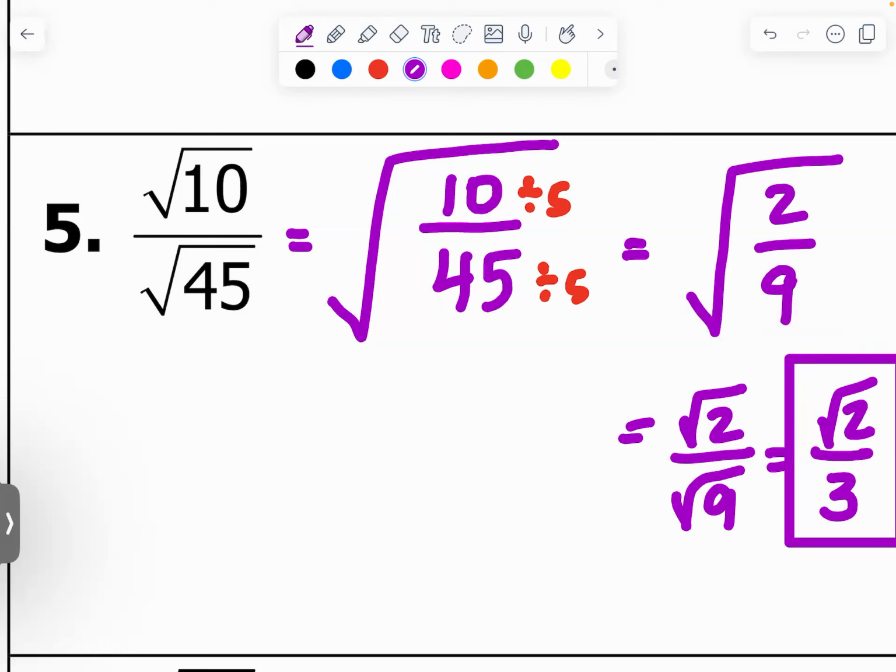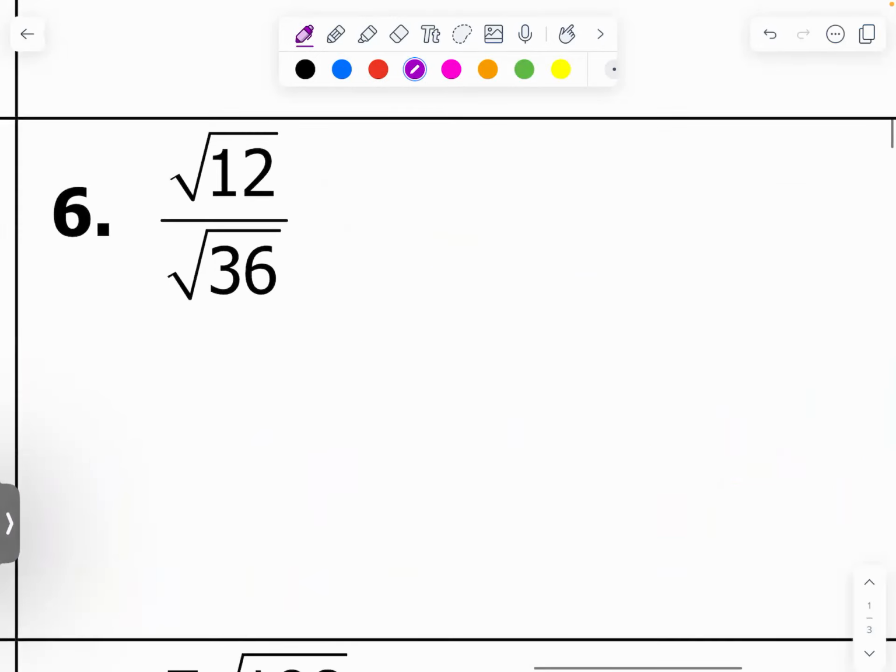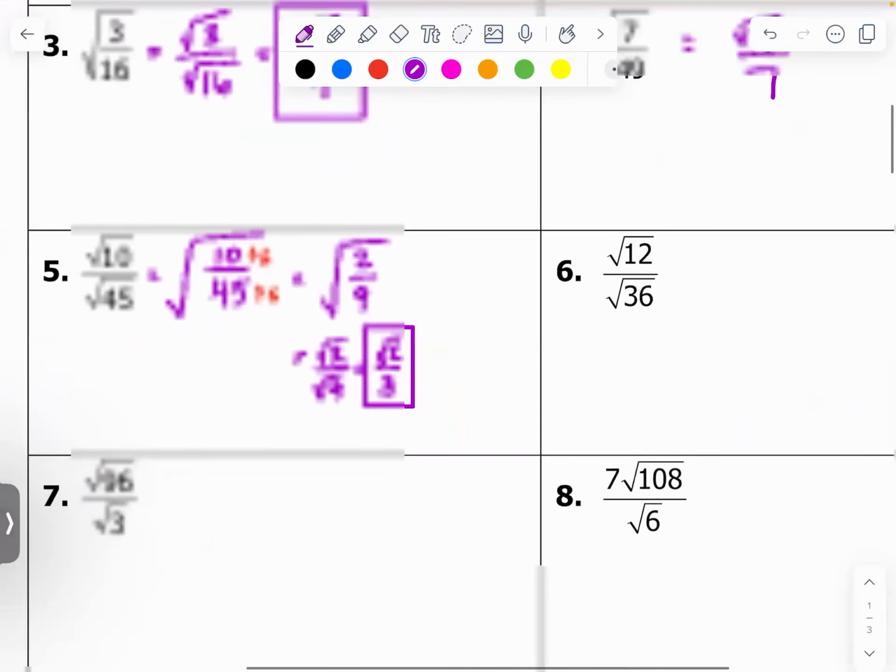If it's to your advantage, yeah. Now, this is going to be the advantage of everybody. I disagree, because look at number 6. I don't think it would be an advantage to do that on number 6, because what's your denominator? Well, square root of 12. 36 is a perfect square.